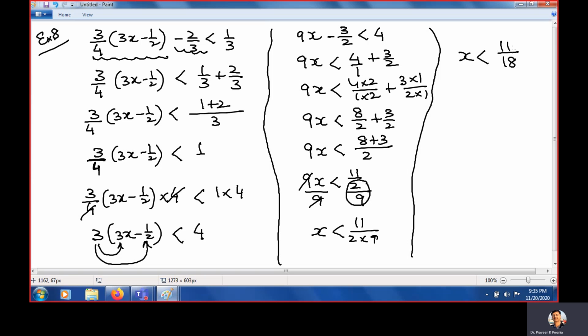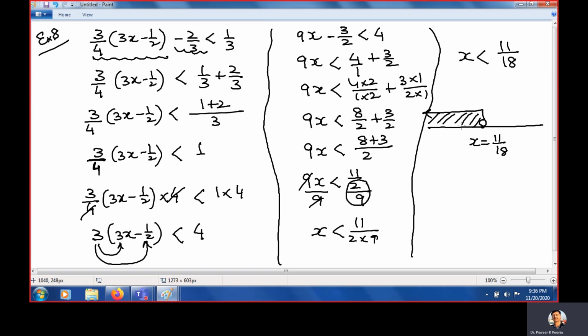So this is the answer, x less than 11 upon 18. Clear? So what is the solution? We will choose a point, x is equal to 11 upon 18. It is less than, so only a black dot and this side. So this is the graph.